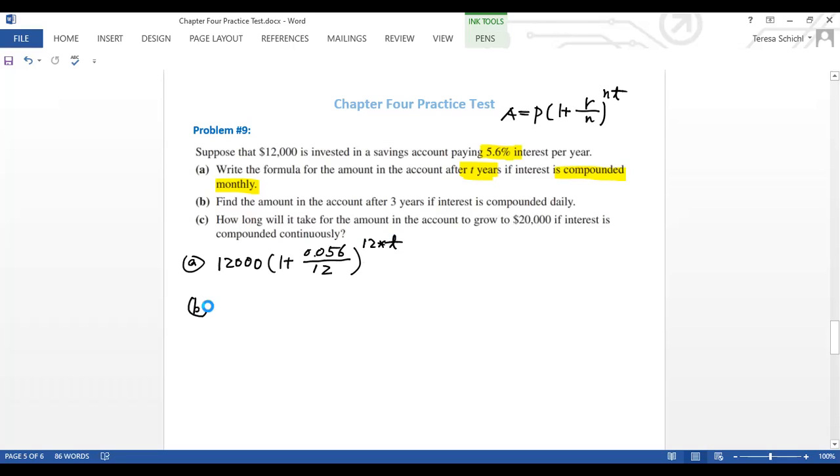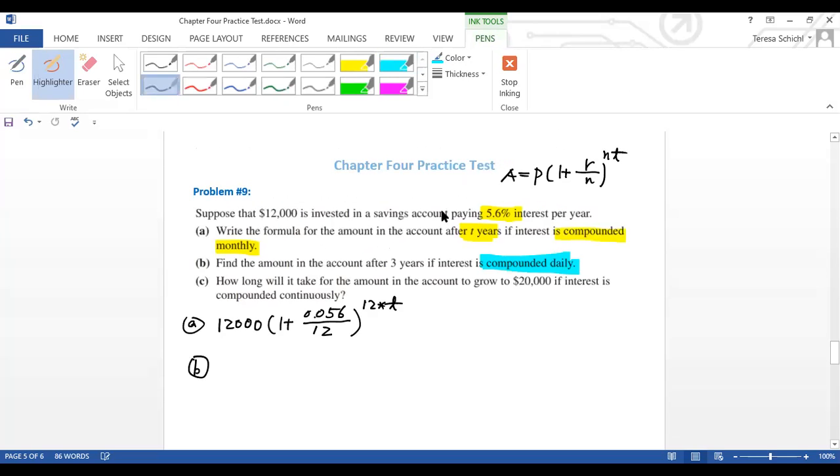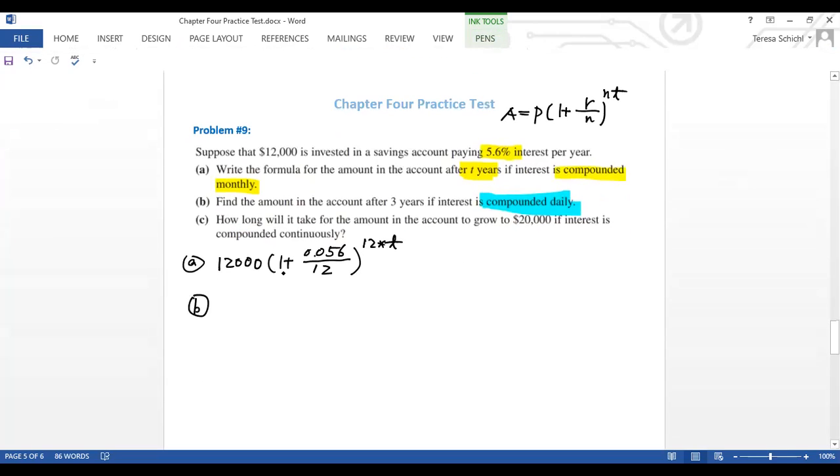Let's take a look at part B. They say find the amount after 3 years if it's compounded differently. It's daily. So let's take a look at how we do compounding daily. You will say this is 12,000 times 1 plus 0.056 over 365, since there are 365 days in a year.